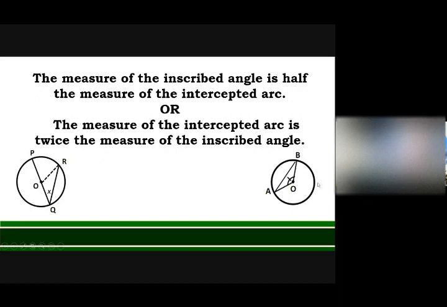Okay? So, same sa figure number 2. No? This is the central angle. Diba? Kapag central angle naman, this is congruent to your intercepted arc. Okay po? Let's have an example here.